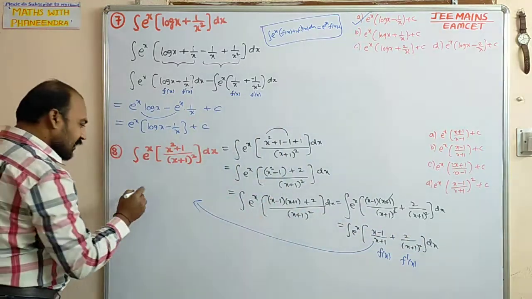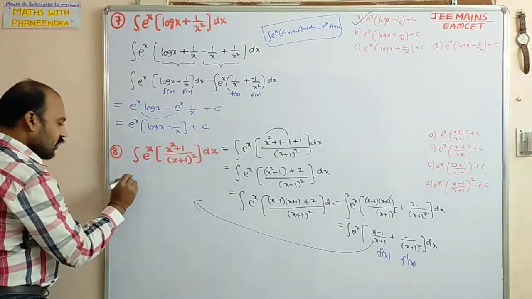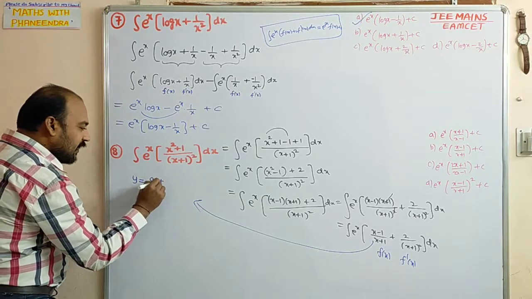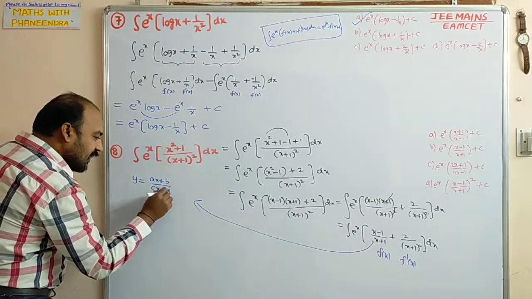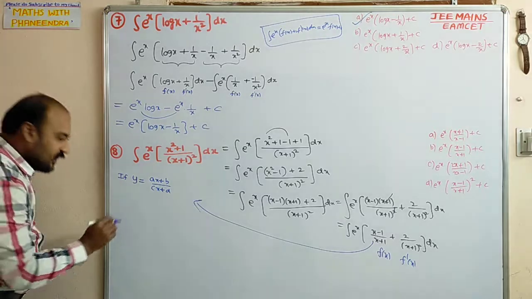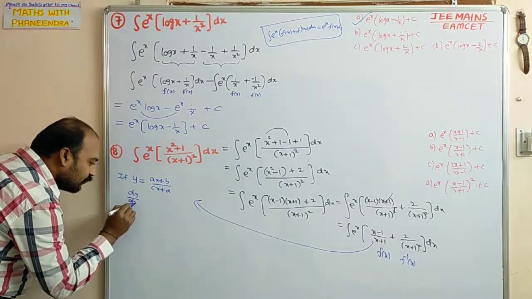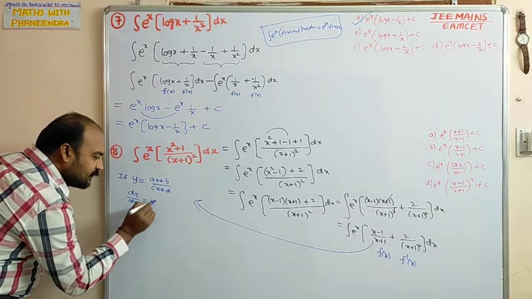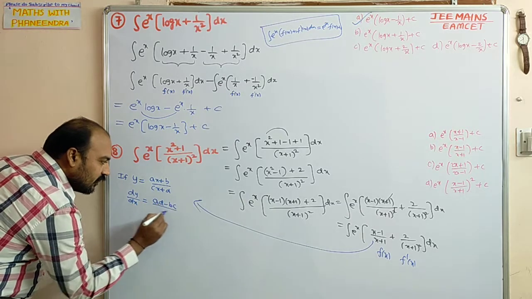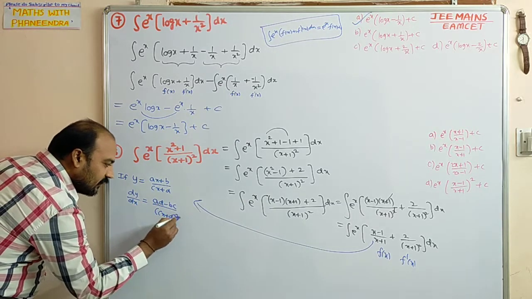In previous differentiation classes, I told that if y is equal to ax plus b divided by cx plus d, then dy by dx is equal to ad minus bc, a shortcut formula, by cx plus d whole square.